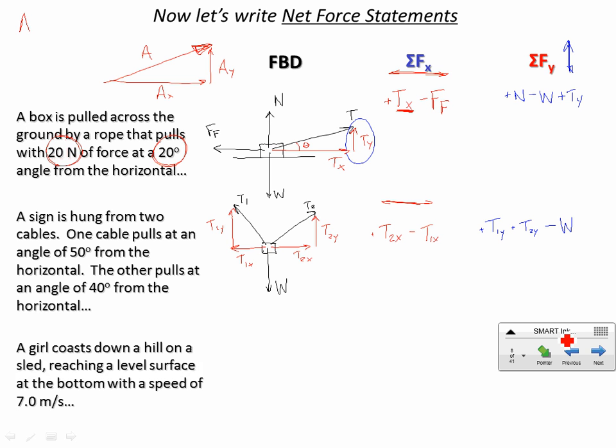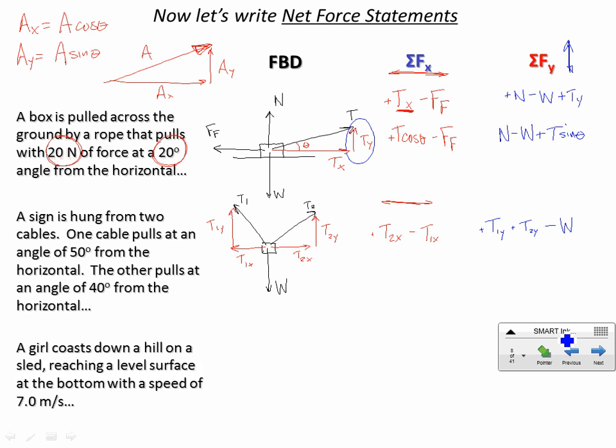Well, Ax, so says your reference table, is A times the cosine of theta. Ay is A times the sine of theta. So I'm going to go one step farther and say that Tx is T cosine theta. You can leave that positive there if you want, or get rid of it. Over here, that's still just N minus W plus Ty, which is T sine theta.